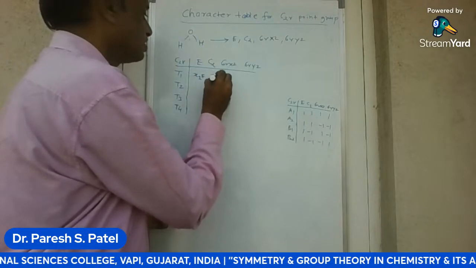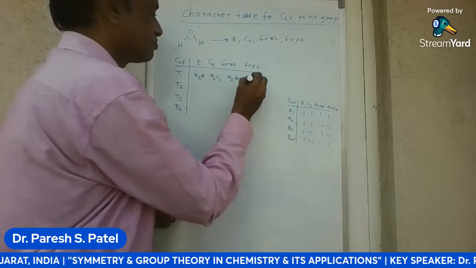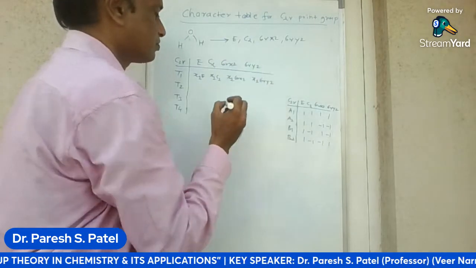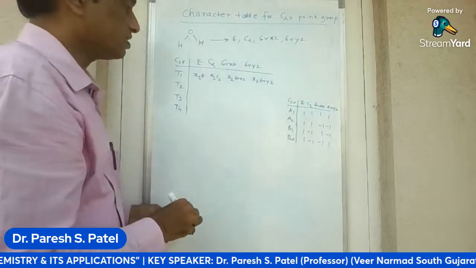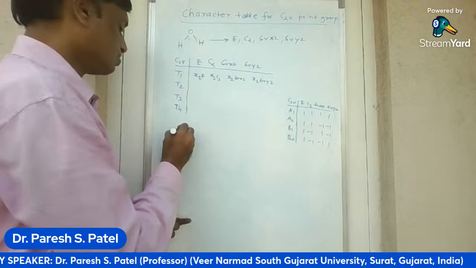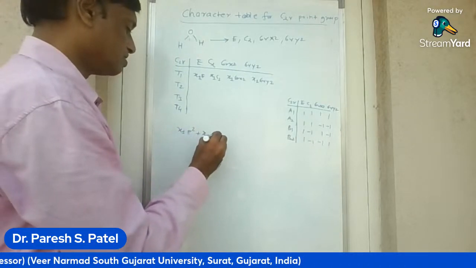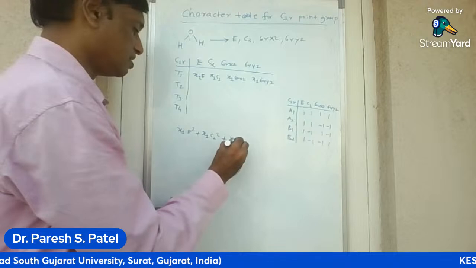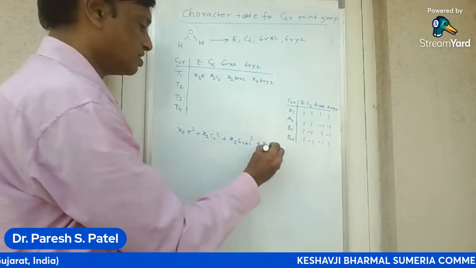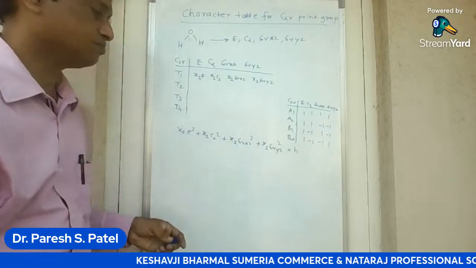This is known as character 1C2. This is character 1 sigma VXZ. Character 1 sigma VYZ. So what is rule number second? The sum of the square of the characters is equal to the order of a group. So character 1E square plus character 1 C2 square plus character 1 sigma VXZ square plus character 1 sigma VYZ square is equal to the order of a group.